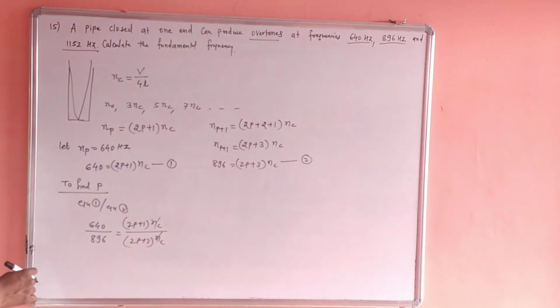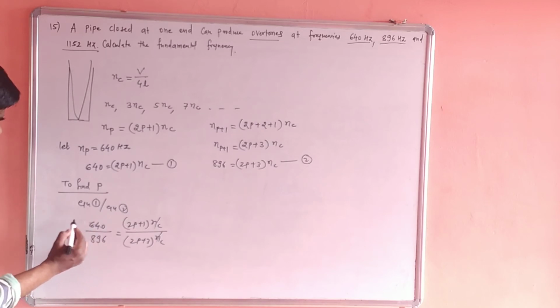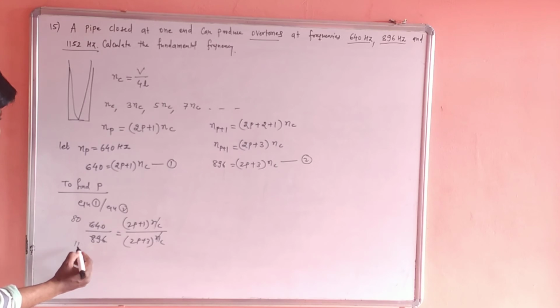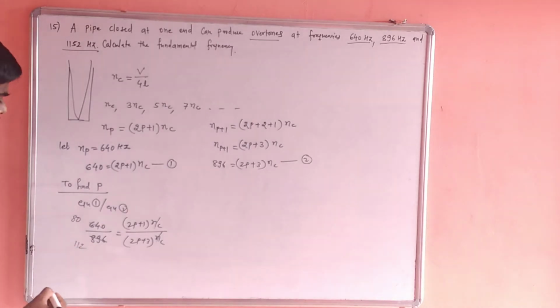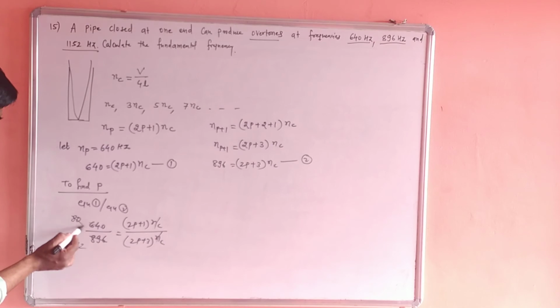NC gets cancelled. Here we can divide by 8, 1 1 2. Again we can divide by 4, 20.